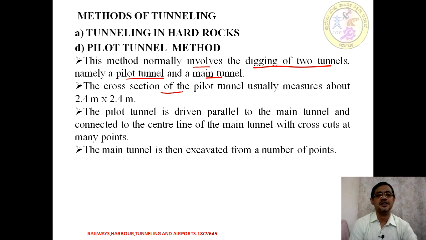Always the cross section of the pilot tunnel is going to be 2.4 by 2.4 meters, which we dig out. This is driven parallel to the main tunnel, and it is interconnected from the center line of the main tunnel. We provide some cross cuts at many points, so that the main tunnel activity, that is the excavation, can be done simultaneously.